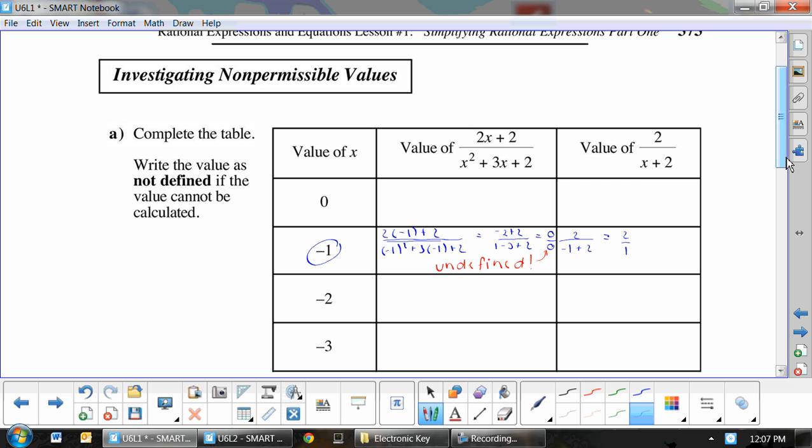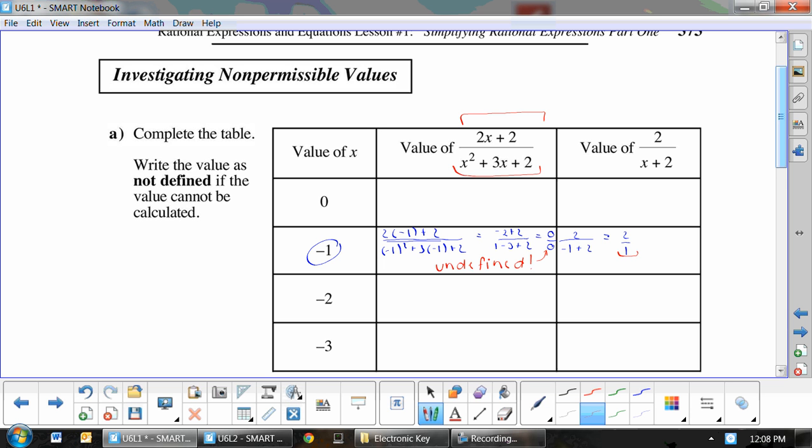Okay, are there any questions? Okay. So you'll notice that, oh, it's undefined here, but here we don't divide by 0. Because this is our original expression, it doesn't matter. So when we're looking for things that make the expression undefined, we have to look at the original one.